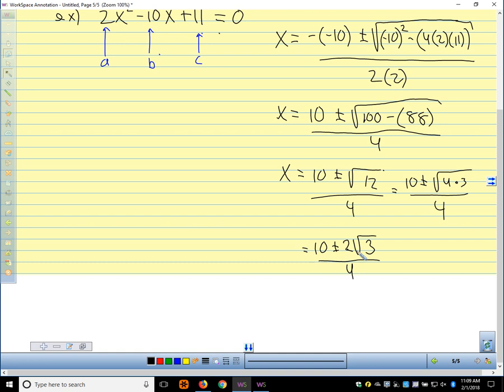And then I can think of this as two fractions. This is 10 over 4 plus or minus 2 square root 3 over 4. And I can reduce these fractions. So I divide everything by 2.